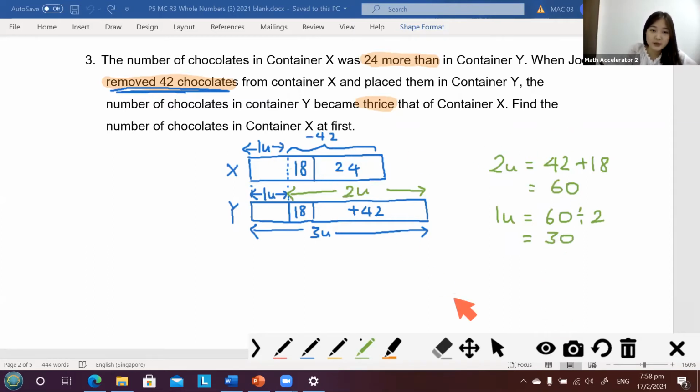Now find the number of chocolates in container X at first. You need to think again. Which part of the model should you be looking at? I'm going to launch a poll right now. Can you find the number of chocolates in container X at first? I'll give you about 1 minute.